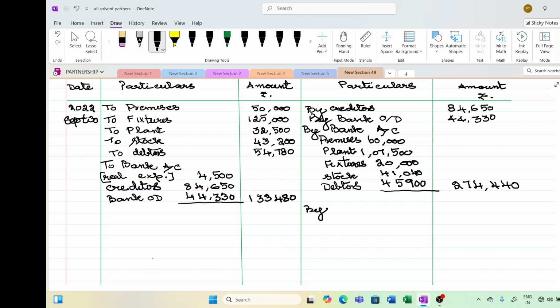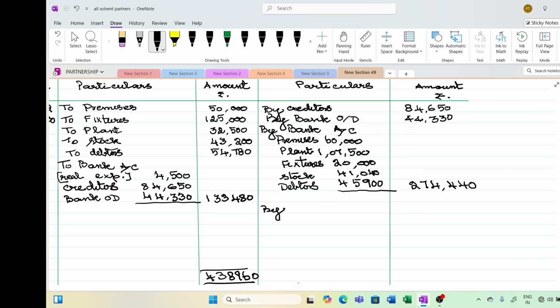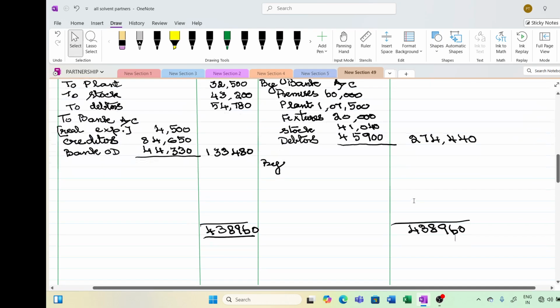The total comes to 4,38,960. I am writing it here, hoping that the debit side will be more. So I am copying 4,38,960.